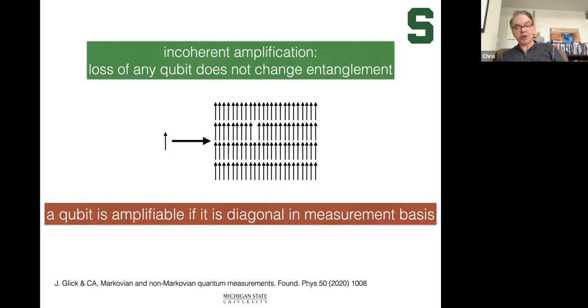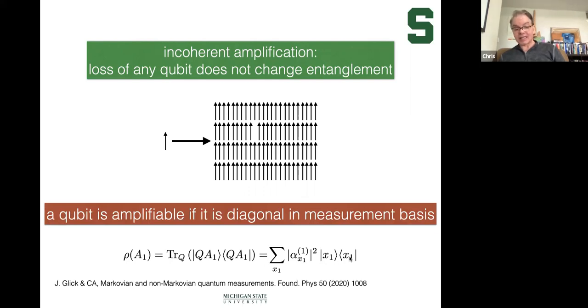So we will say that a qubit is amplifiable if it is diagonal in the measurement basis. I'll show you in a moment what I mean by that measurement basis, but that's a theorem that is proved in the paper that you see listed down there. So I'm not going to go through that proof, obviously. So when we look at the density matrix of the measurement device, we see that, oh yeah, it's diagonal.